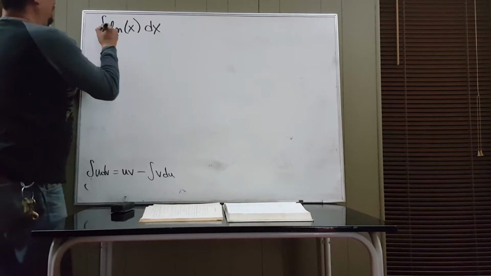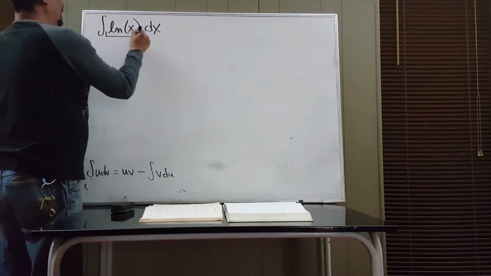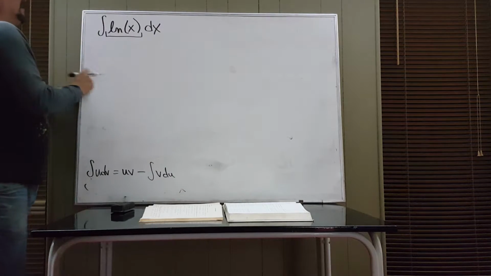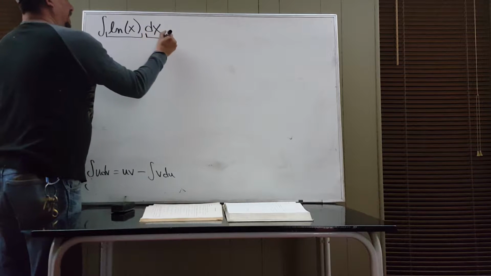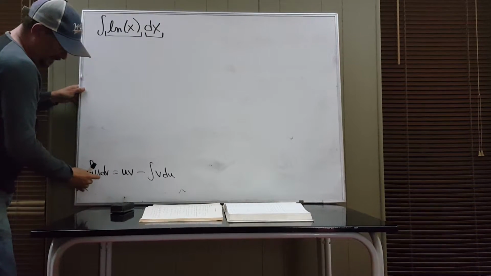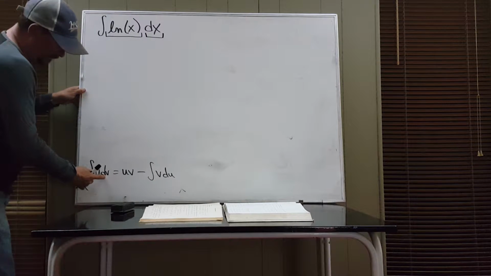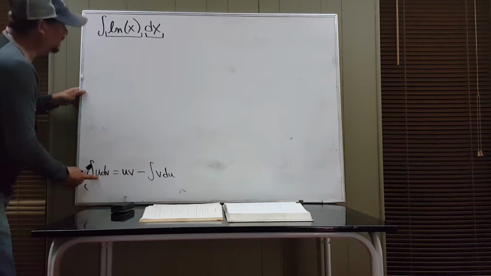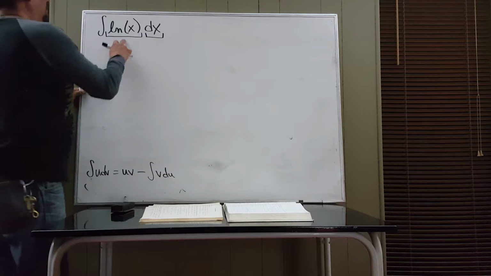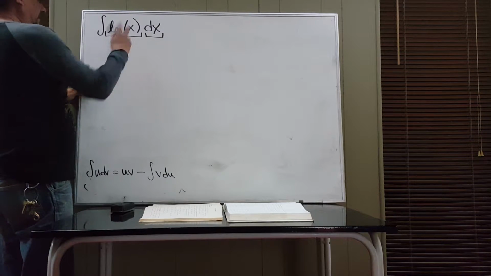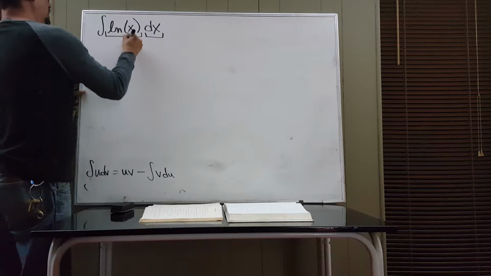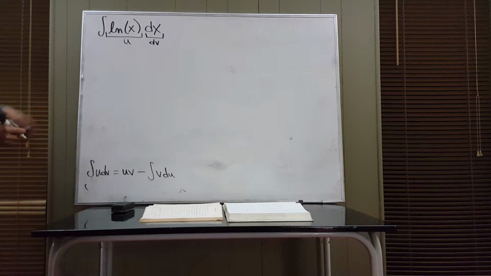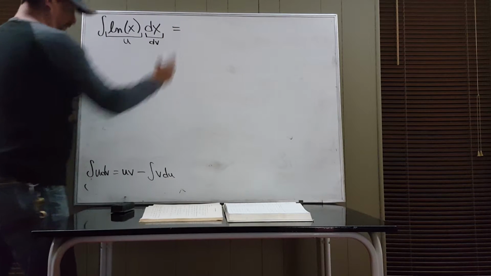Now, I know the derivative of ln x, and I know the antiderivative of dx. So it's a function that I can differentiate, which most functions you can differentiate. So that's not the issue. So this here is going to be my u, and dx here is going to be my dv. So I'm going to use this formula below.